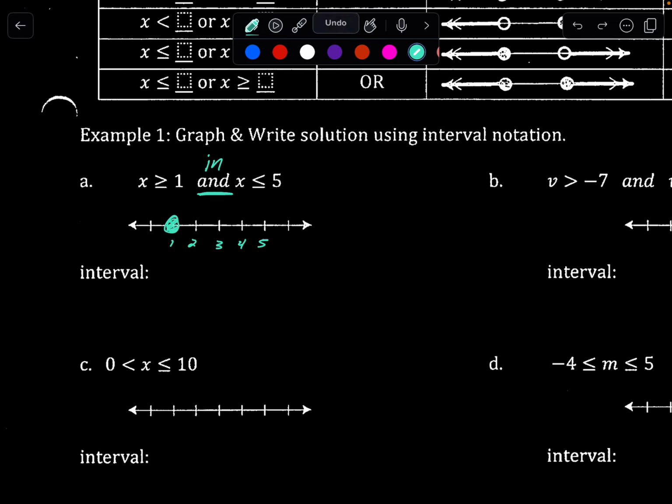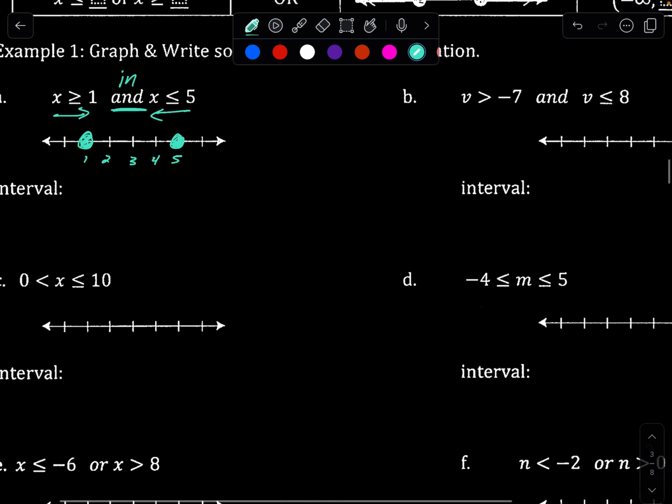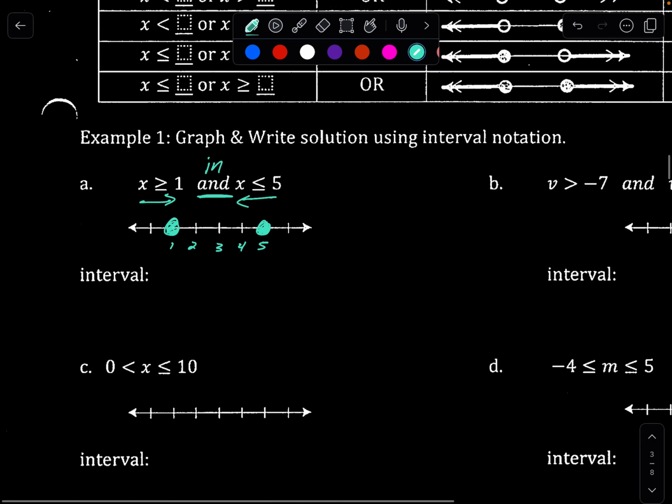And we'll go to 5 here, also a filled dot. What direction is the inequality pointing with the 1? It's pointing to the right, and this one's pointing to the left. So they're going in towards each other. I fill right with the 1, and I fill left with 5, and they fill in this middle area. That is what an "and" is going to do every single time.